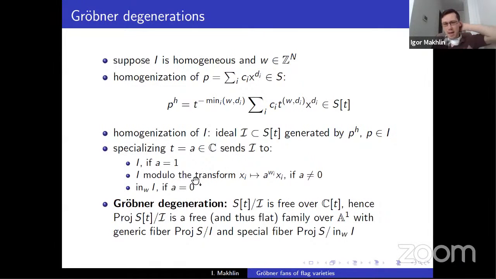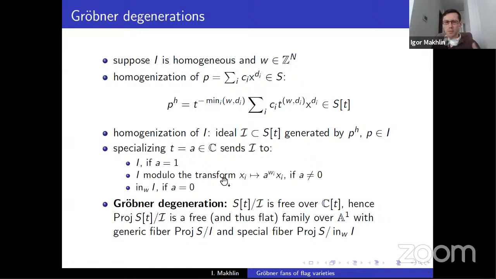And if we set t to some non-zero number, what we obtain is almost the same ideal. It only changes so that instead of 1, you will have a to some power here. So this is just a change of variables where you multiply every variable by a non-zero constant.